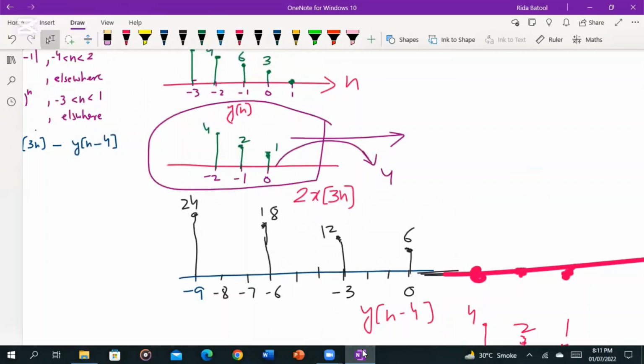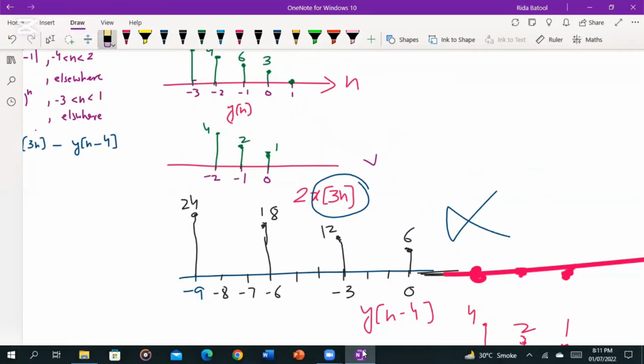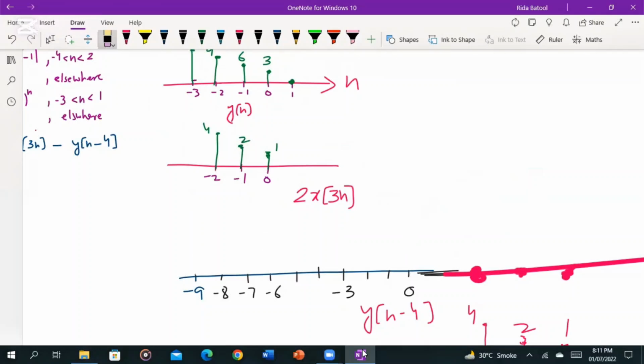Actually, this part is wrong. Thank God. What you have to do? I literally forgot.